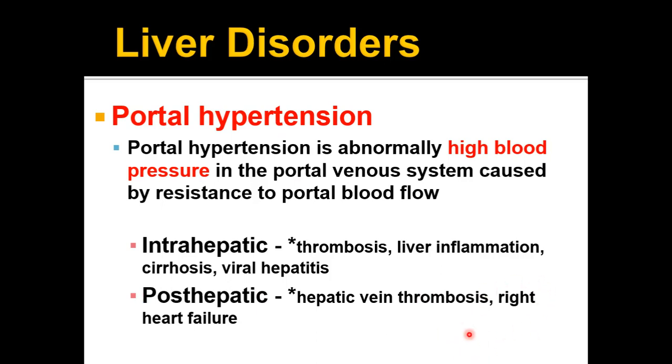Or even right-sided heart failure. If you want to review the mechanisms behind that, right-sided heart failure is going to lead to peripheral edema as well as increased venous blood pressure. And if it's severe enough, that can cause a post-hepatic portal hypertension.